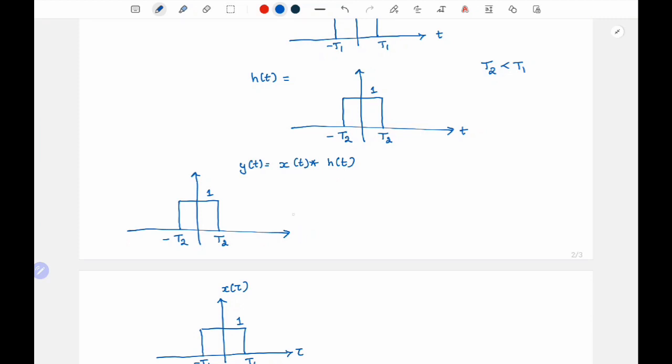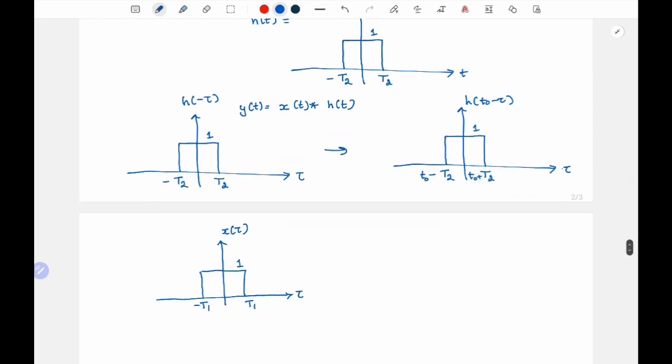So if you invert, since it is symmetric, you will get the same h of minus tau, and then you have to right shift by t naught, correct? So h of t naught minus tau. So this will be the tau axis. If you right shift, this will move to t naught minus t2 and this will move to t naught plus t2.